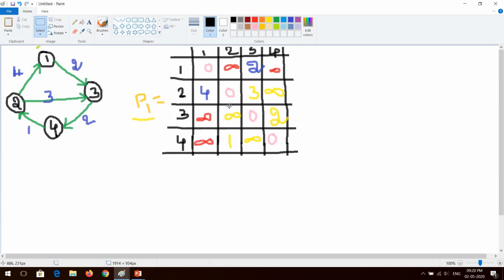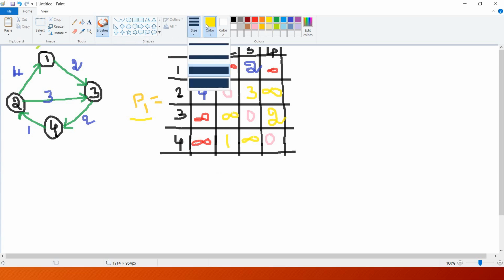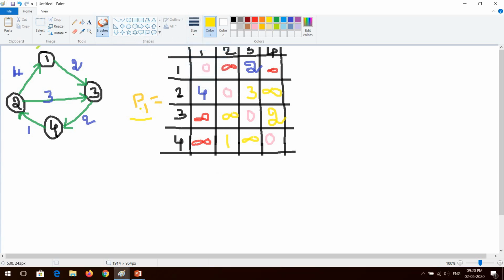Now I'm going to write P2, right? So now it is not my P1, it is my P2. What does P2 mean? The second row and second column of the matrix will remain the same.